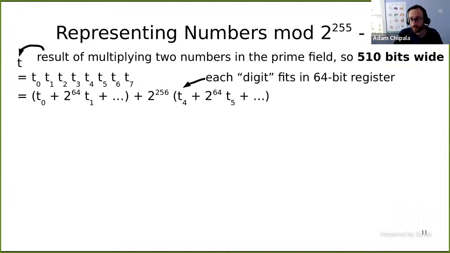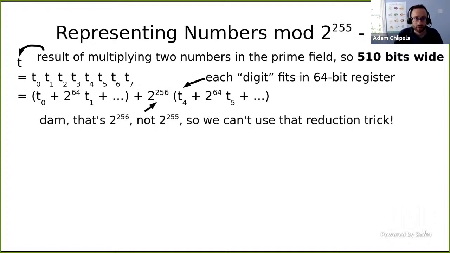So I need to do that mod operation from the previous slide here. But unfortunately, there's a 2^256 in a crucial position where we had a 2^255 on the previous slide. So we can't actually use that reduction trick. And if we pick this natural data structure, I'll call it, of having these 8 different digits, which are hardware registers storing different parts of our multiply result, we can't use the trick from the last slide, and we're stuck with really slow implementation.